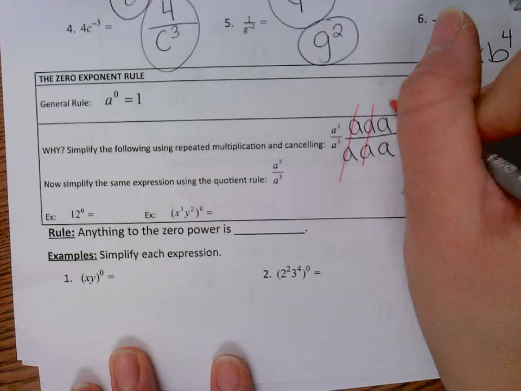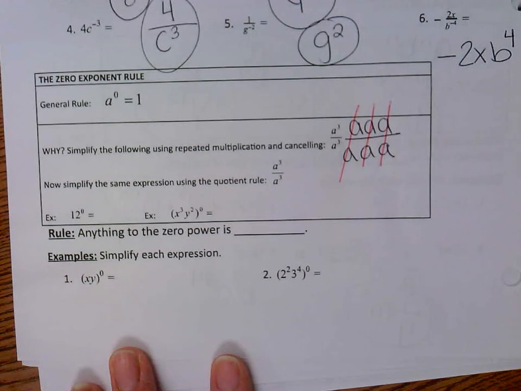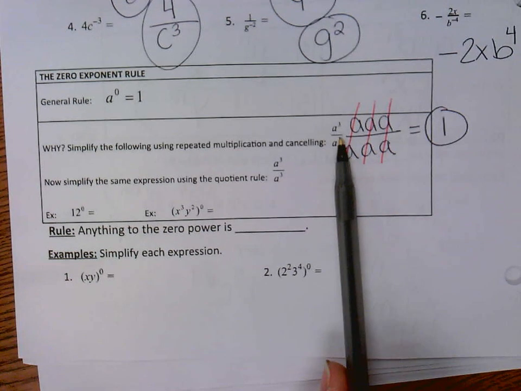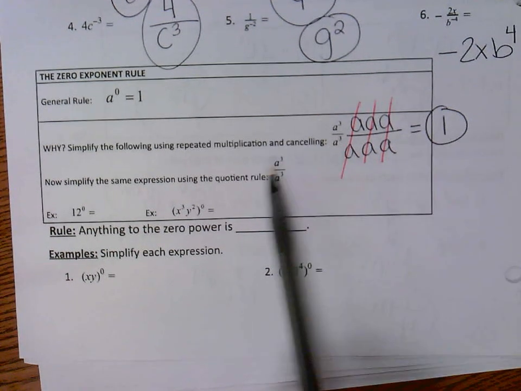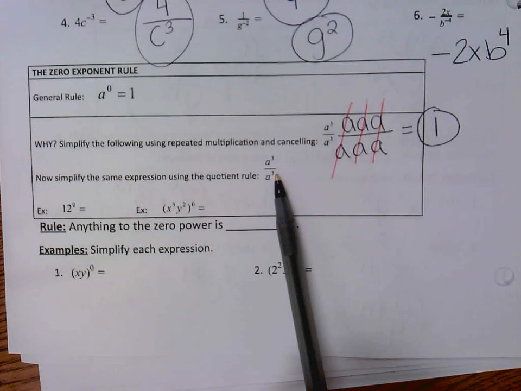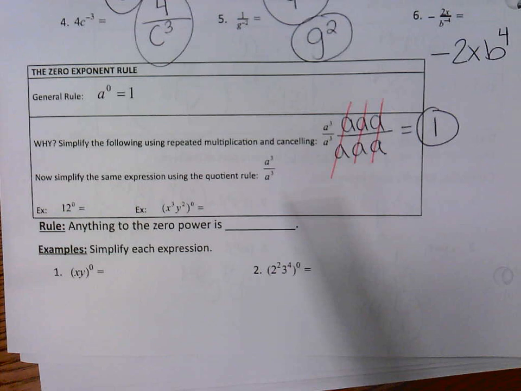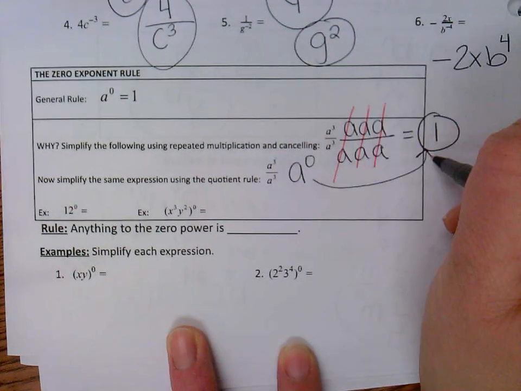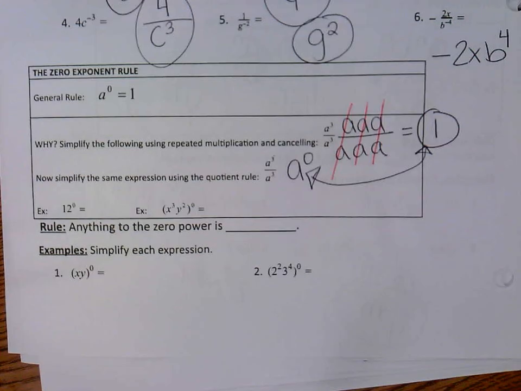So see how a cubed divided by a cubed canceled and gave me 1? Well, what was the quotient rule? Take the 3 and subtract the 3. Isn't 3 minus 3 0? So doesn't that mean that a to the 0 power does have to equal 1? So mathematically, for our rules not to fall apart, anything to the 0 power is 1.